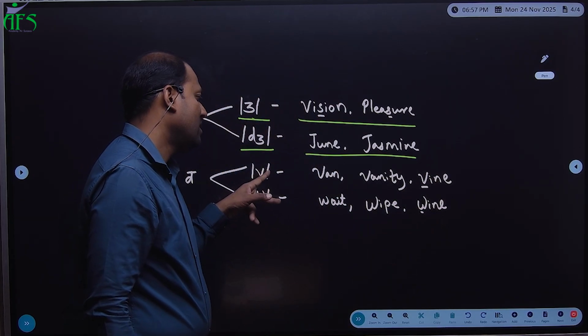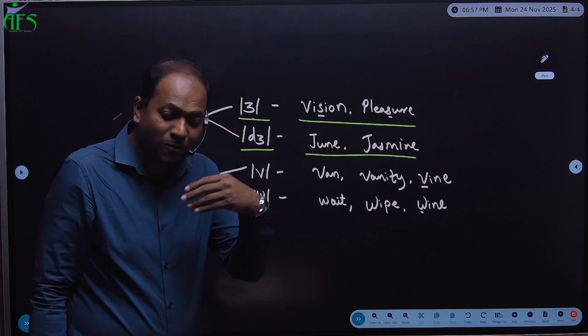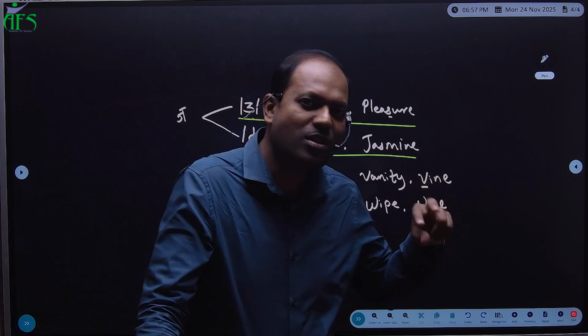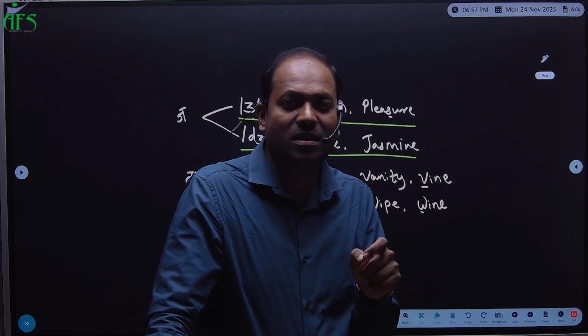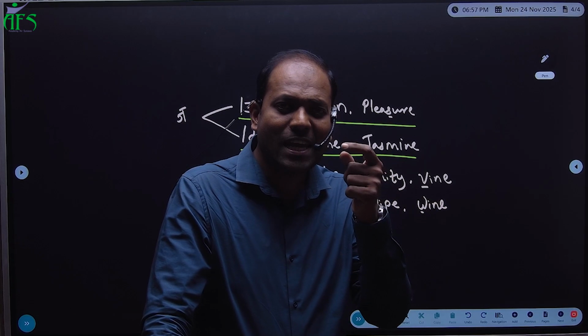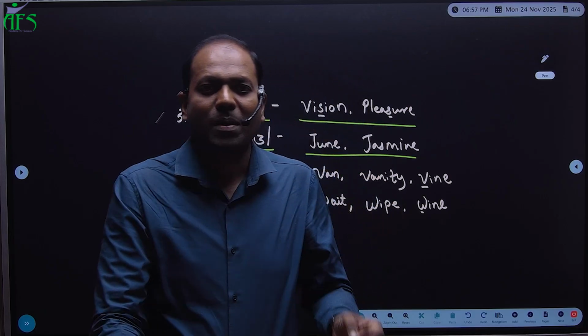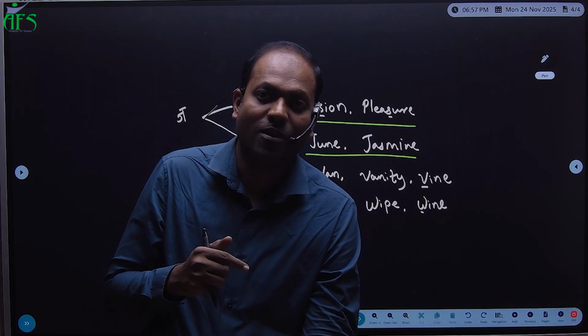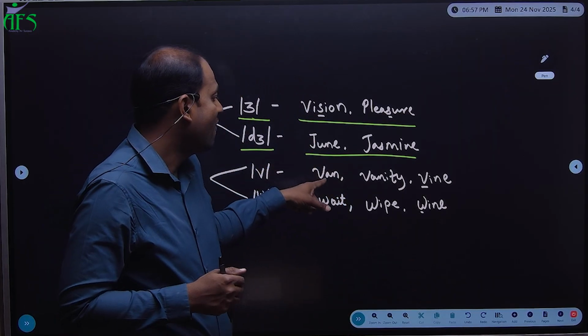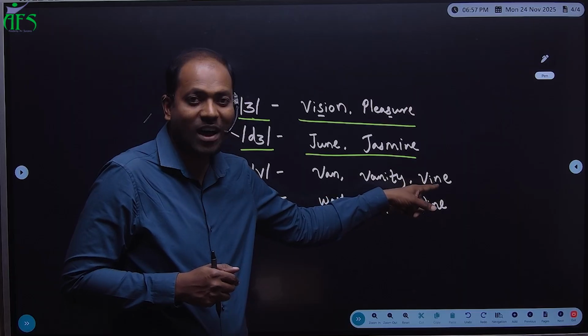Now there are different physiological processes to utter the two different sounds. The first is uttered by connecting the lower lip to the upper teeth, for v: van, vanity, wine.